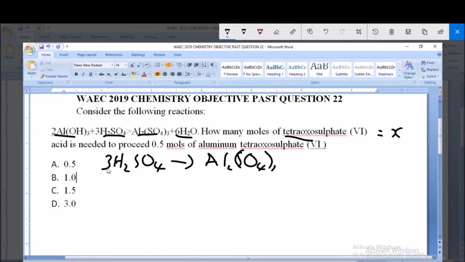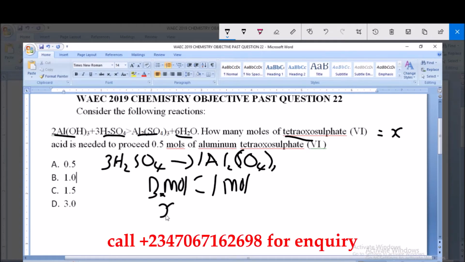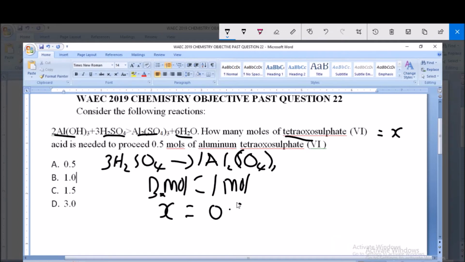Now, if 3 moles of H2SO4 produces 1 mole of this, that is 3 moles produces 1 mole. How many moles will produce 0.5 moles?